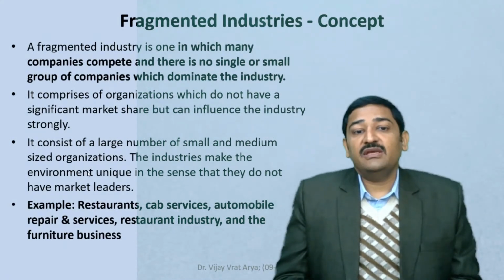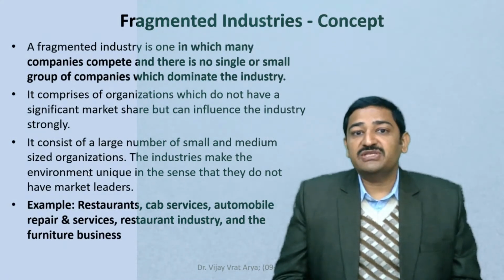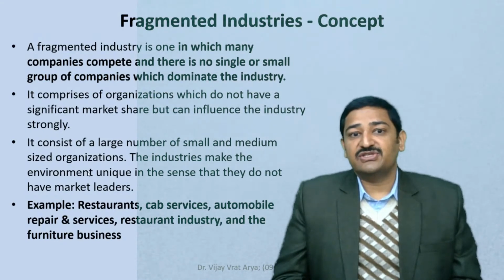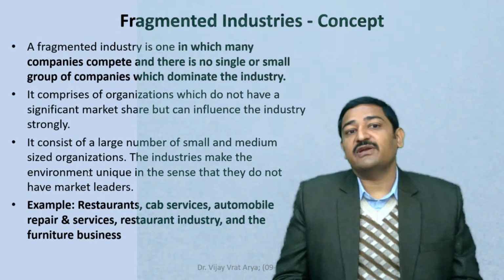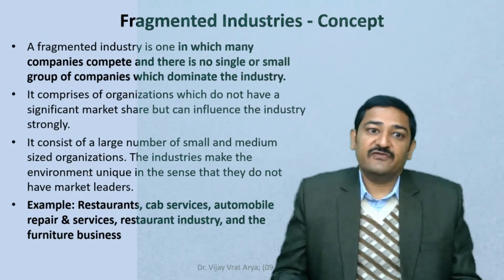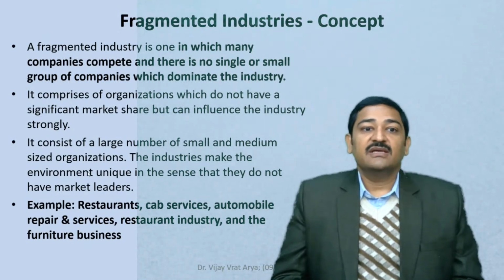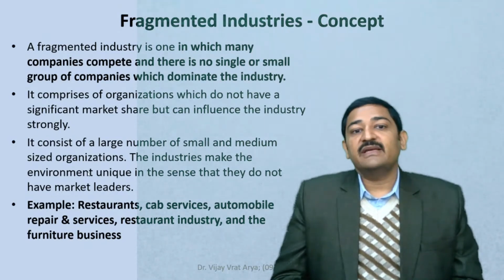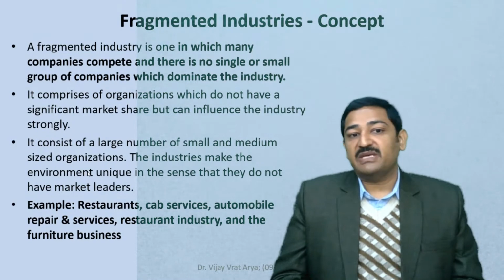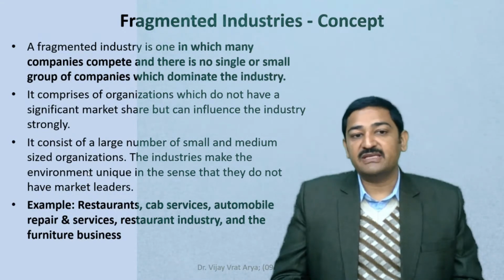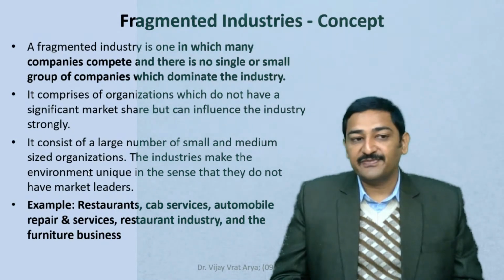Now, based on it, we need to understand two major types of industries and the competitive strategy applicable to these types of industries. So first, we will be covering the fragmented industry concept, which is one in which many companies compete and there is no single or small group of companies which dominate the industry.